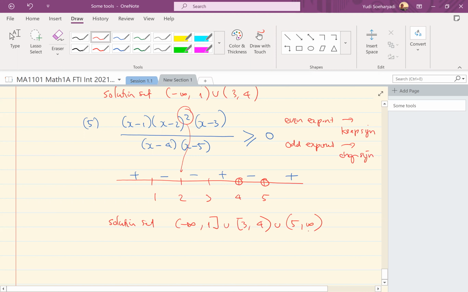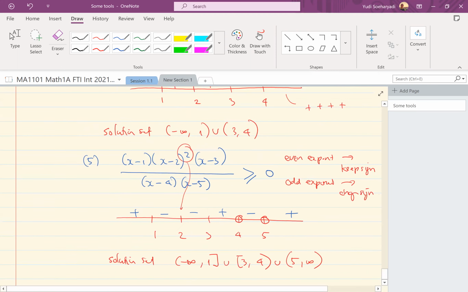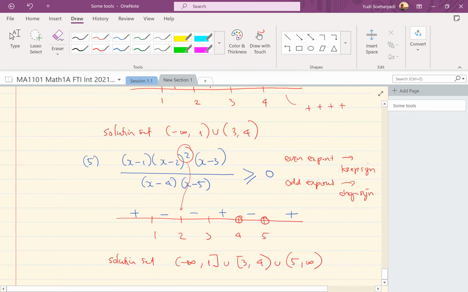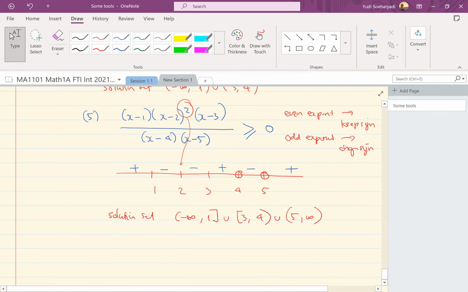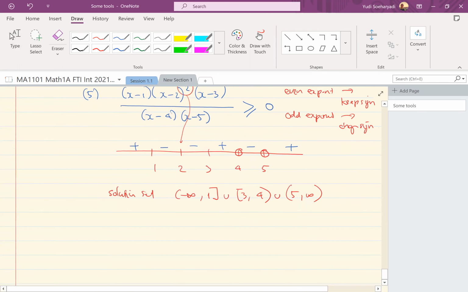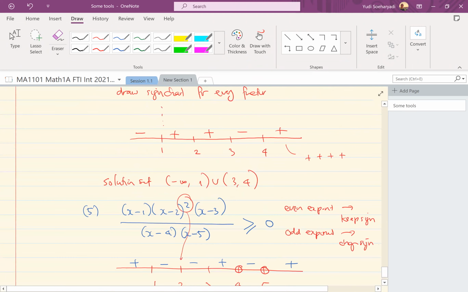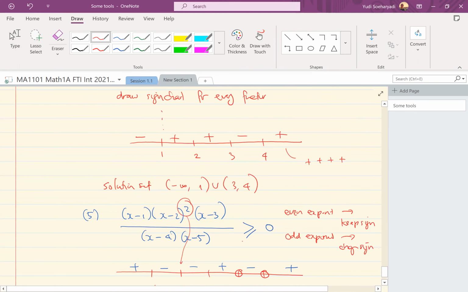Sorry, sir, I'm still slightly confused on how you determine if it's positive or negative for the sign chart. So the thing here is that, that's the reason I changed this: it's the sign problem, because you determine positive, negative.